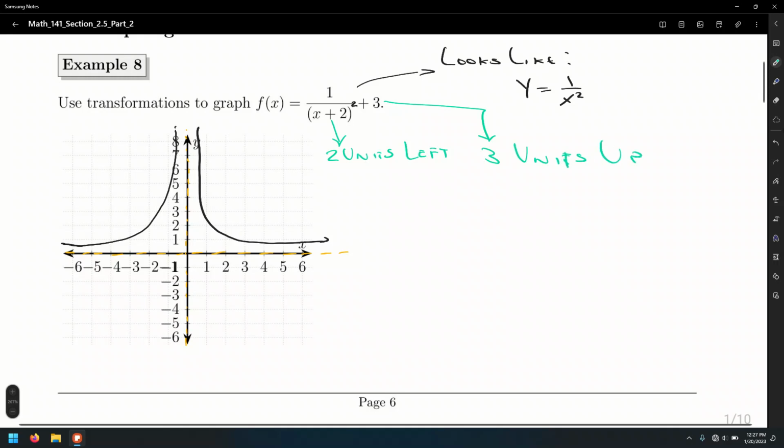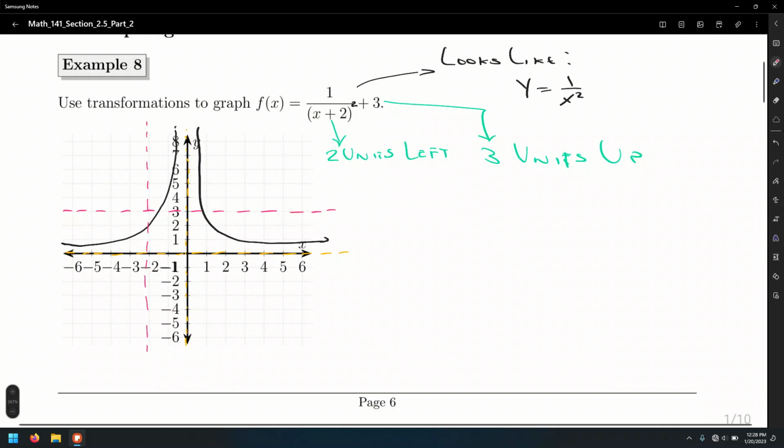All right. So all we have to do in this case, my advice here, is shift the asymptotes 3 units up and 2 units to the left, and then from there just draw the 2 tails of the graph. So that is 3 units up for the horizontal asymptote and 2 units to the left for the vertical asymptote.